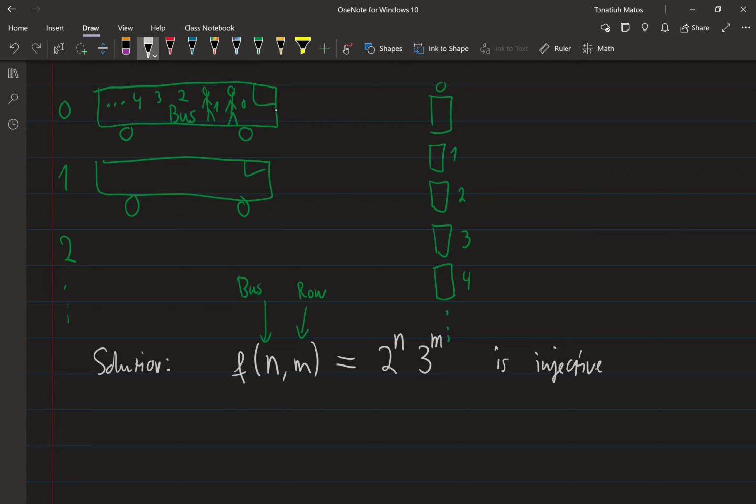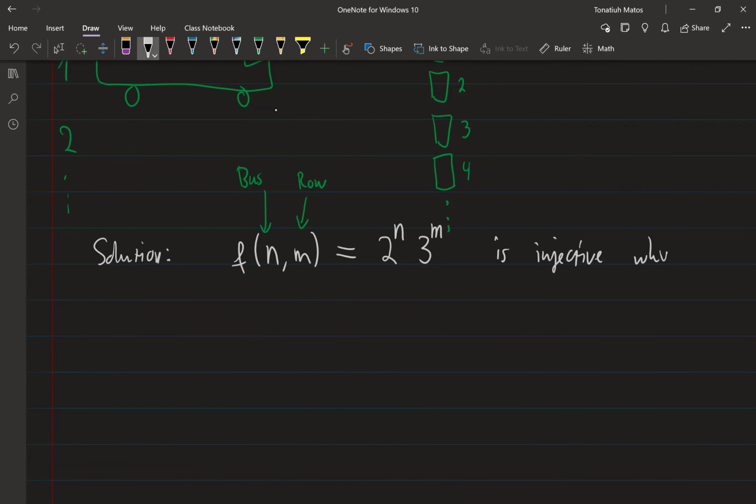Why is this injective? Well, this is what the fundamental theorem of arithmetic says. It says that if you have powers of primes and they're equal, then the exponents are all equal because there's only one way to factor a number into primes.